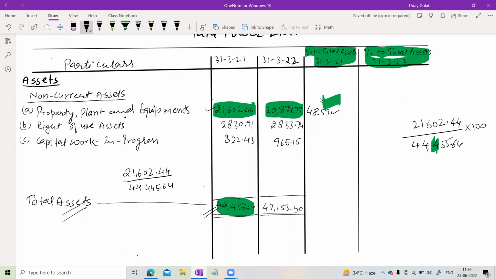Next is the value for right of use asset, 2,830.91, which again has to be divided by 44,455.64 multiplied by 100.